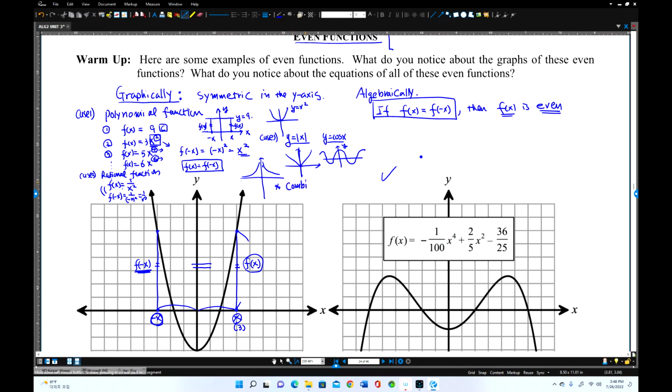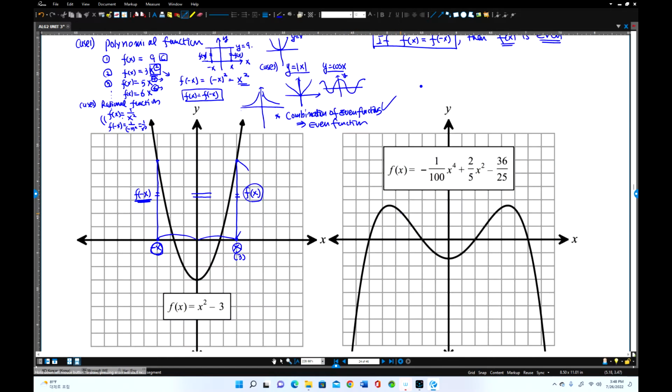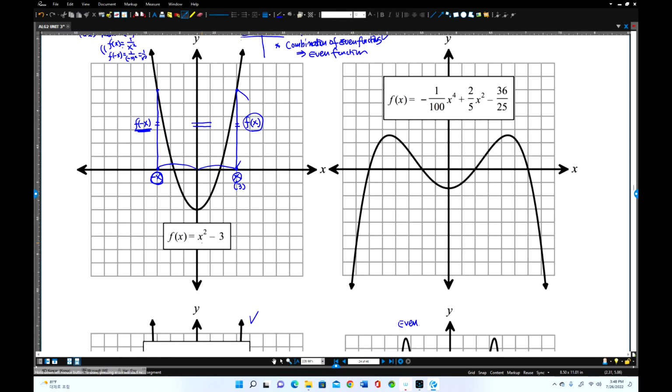Combinations of even functions are always what? Even. Take a look over here. We have two polynomial functions, x squared and negative 3. X squared has exponent 2, which is an even number, so this graph is even.